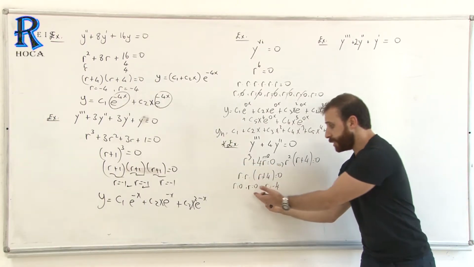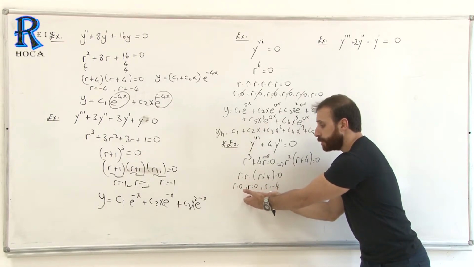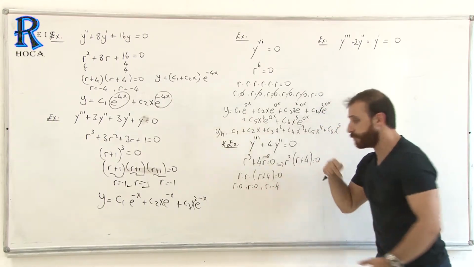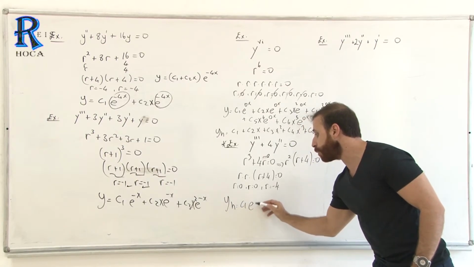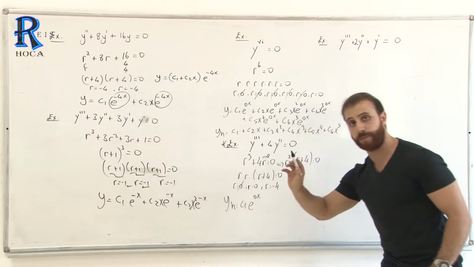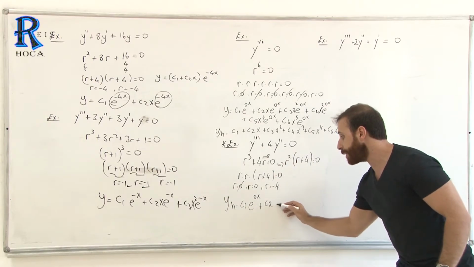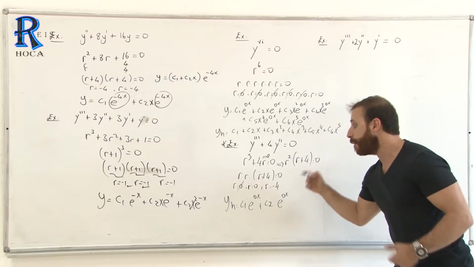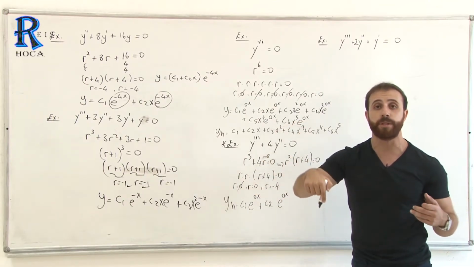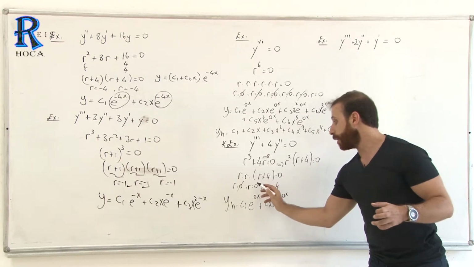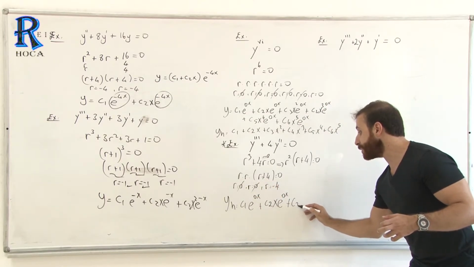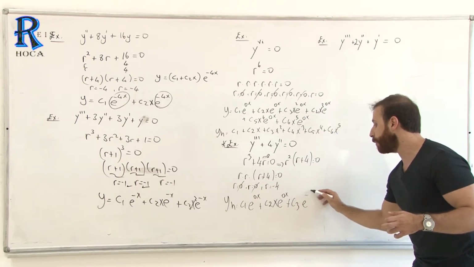Why? In the same way, we have repeated roots, but we have different roots as well. Let's start. yh equals c1 exponential 0x, first root. c2 exponential 0x, but this 0 is a repeated root, that's why multiply by x. And continue, c3 exponential third root, minus 4x.